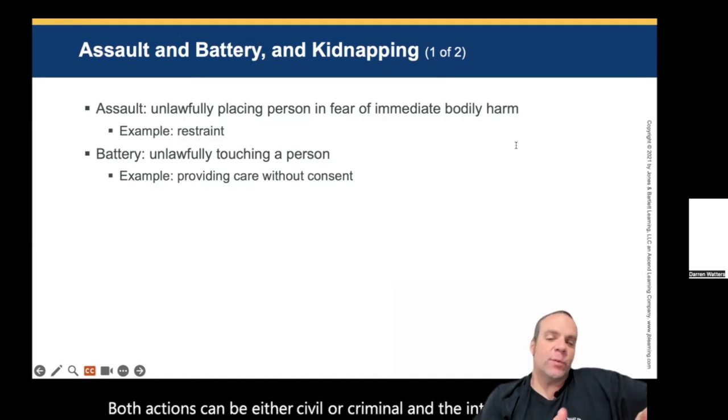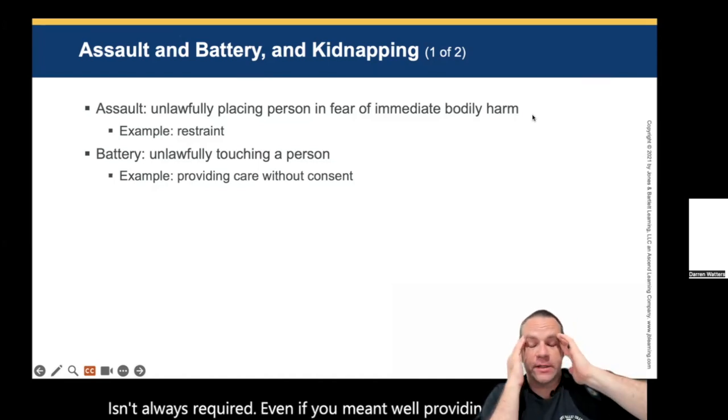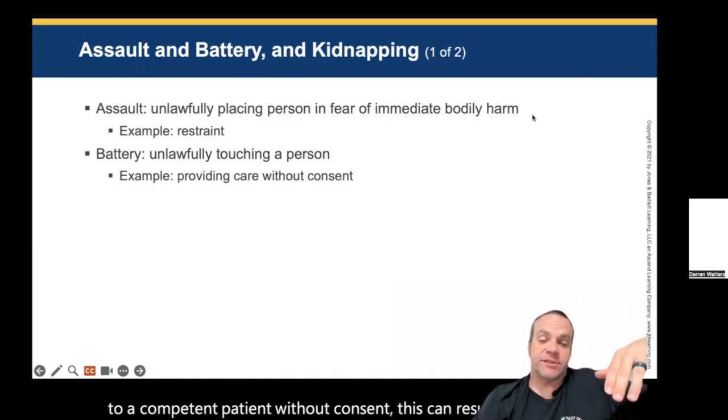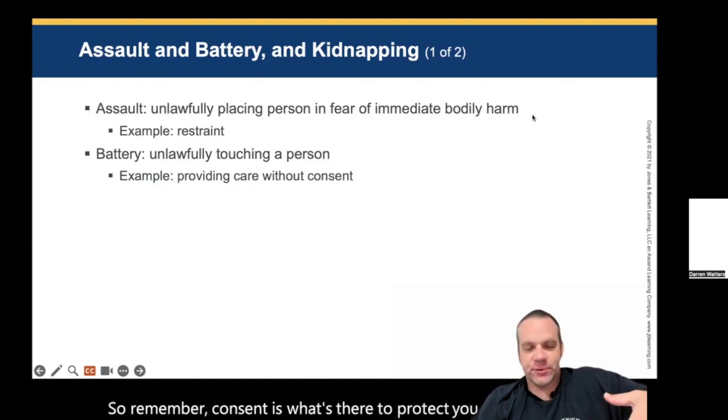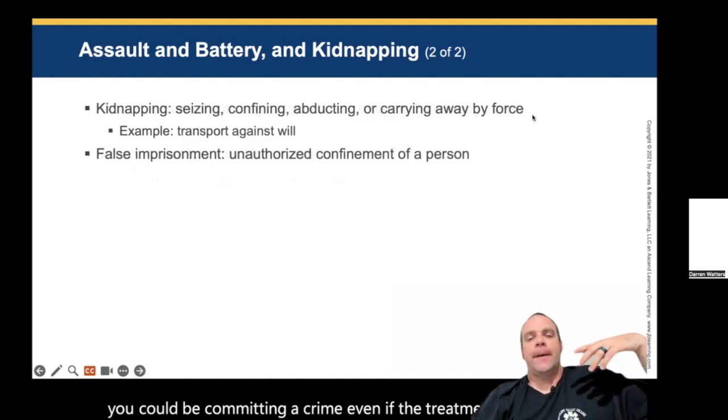Even if you meant well, providing treatment to a competent patient without consent can result in liability. So remember, consent is what's there to protect you. Without it, you could be committing a crime, even if the treatment was appropriate in the situation.